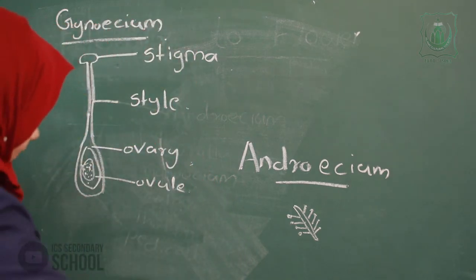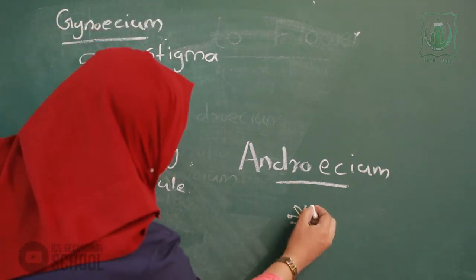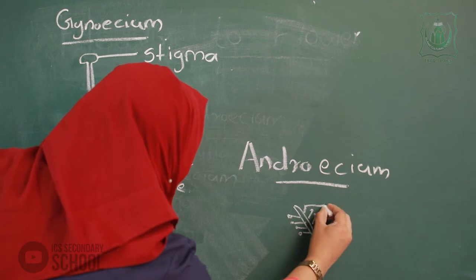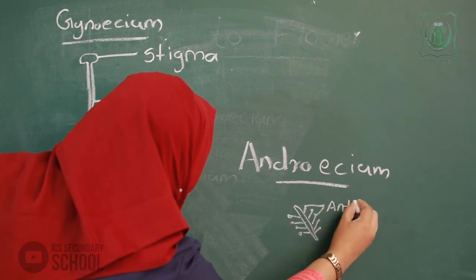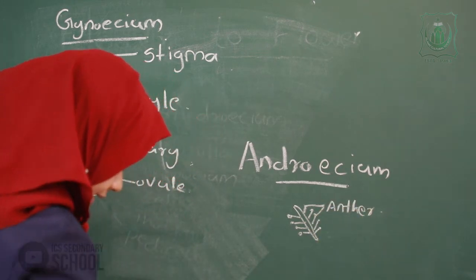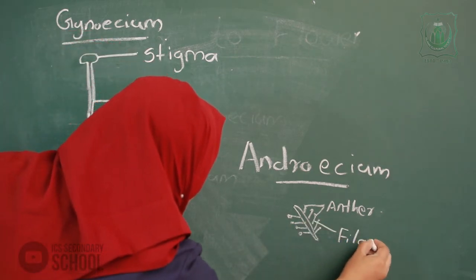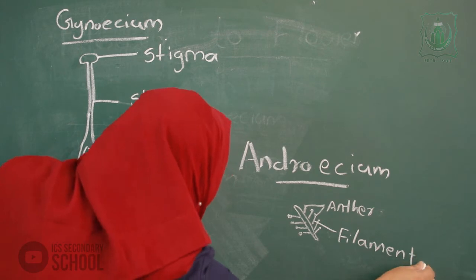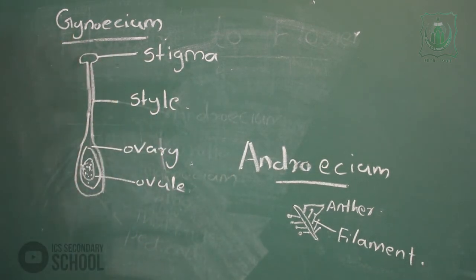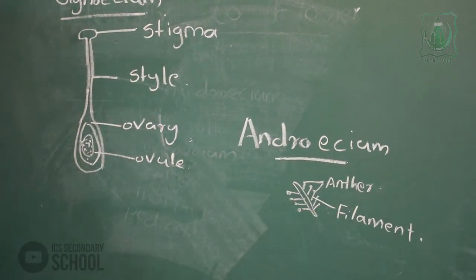This is the anther and this is the filament. The androecium also has two parts, anther and filament.